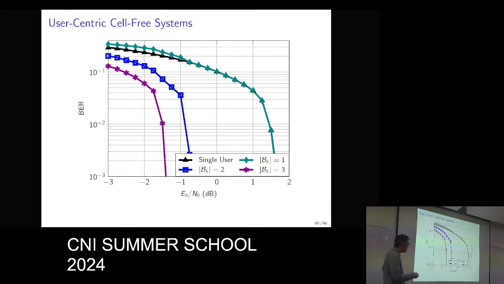This is a benchmark normalized with the same resources of a single user. So what happens really? We see that if we run this cell-free version of AMP, the users that are seen by only 1 station have performance essentially equal to that of the single users. But the users that are in between benefit. The user that's in the middle benefits greatly. So there are 2 things to note.